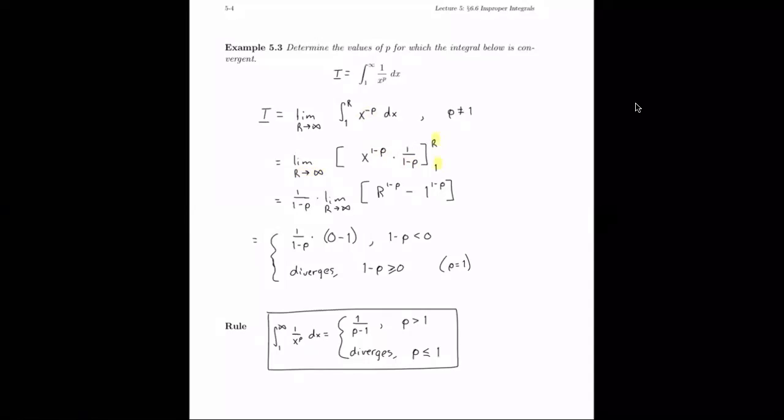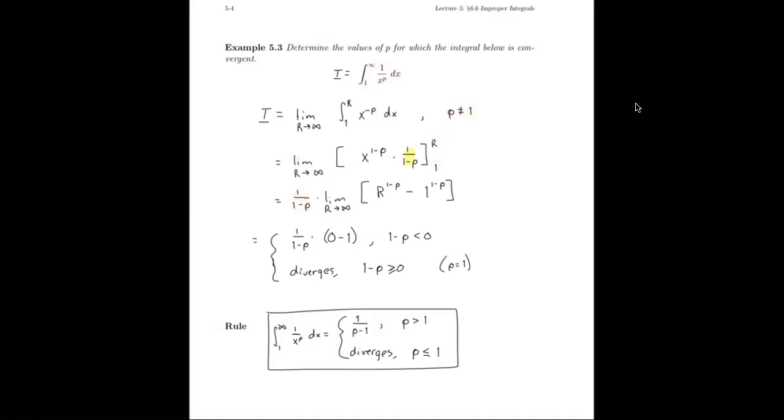Note that we've excluded p equals 1. It's the only case that we can't handle through this version. We've seen that a natural log will show up, as in the previous example, and I'll let the reader confirm that in that case, this integral diverges when p is 1. It's very similar to what we did in the previous example. Now, factor out this constant multiple of 1 over 1 minus p. It's constant with respect to r, so it can factor to the front of the limit.